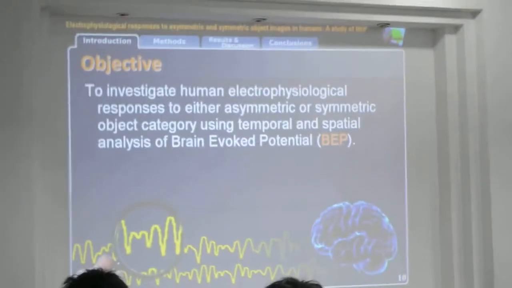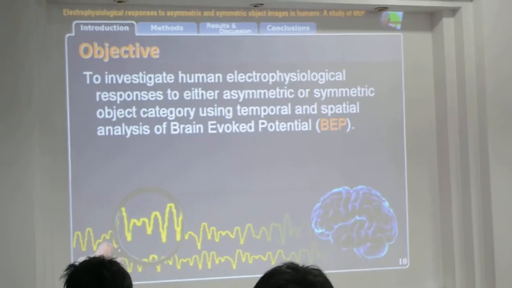After that, we took some segments of the raw EEG and performed averaging for the segments within the same stimulus category. Then we obtained the evoked potential, or brain evoked potential. So the objective of this research is to investigate human electrophysiological responses to asymmetric and symmetric object categories using temporal and spatial analysis of BEP.